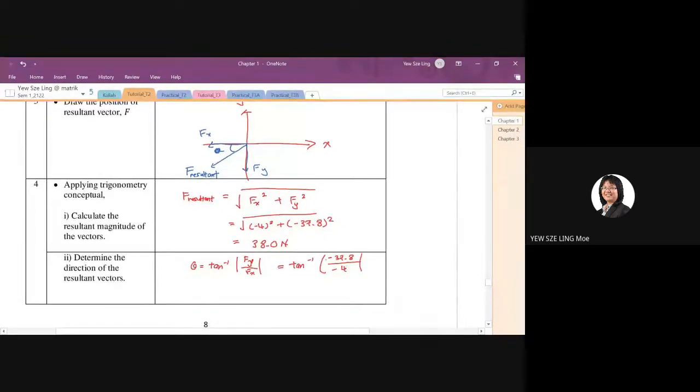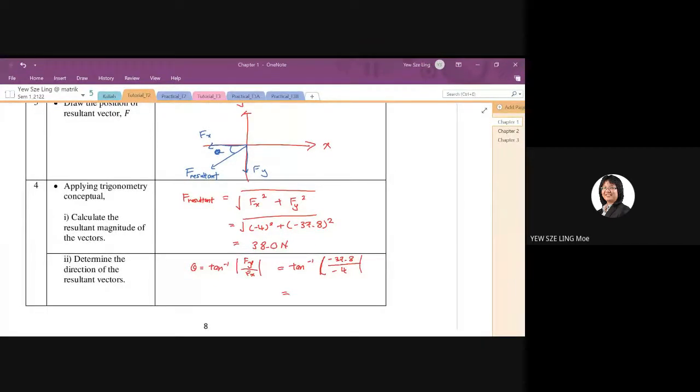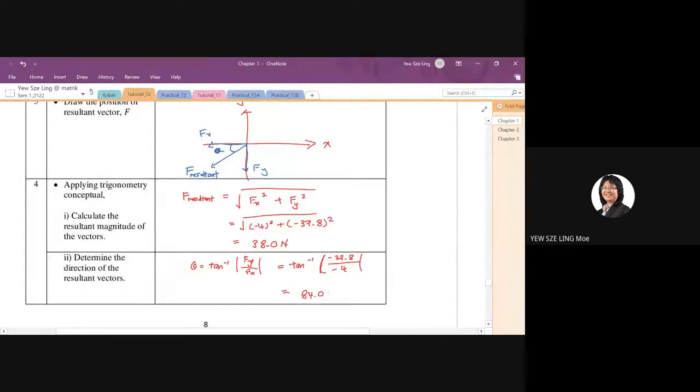We have the modulus here. Therefore, you are going to get a positive value, which is 84.0 degrees.